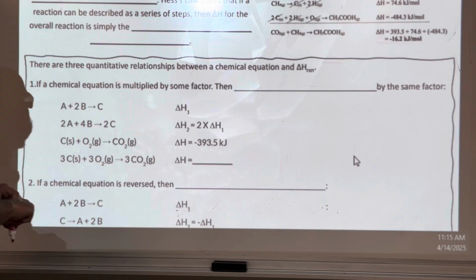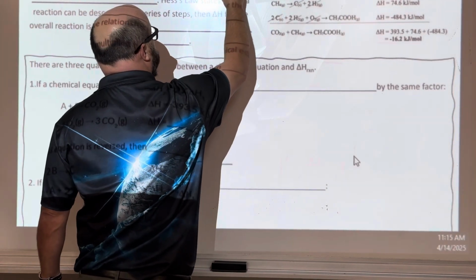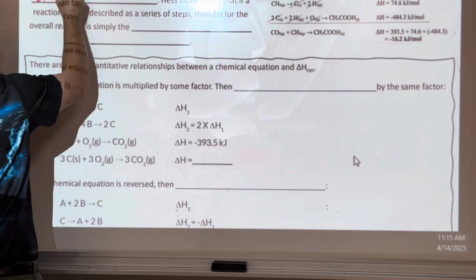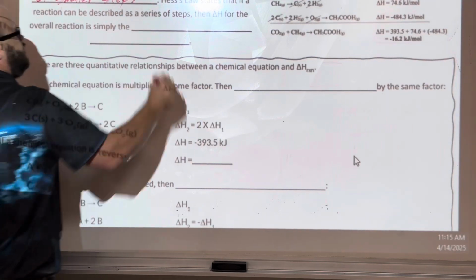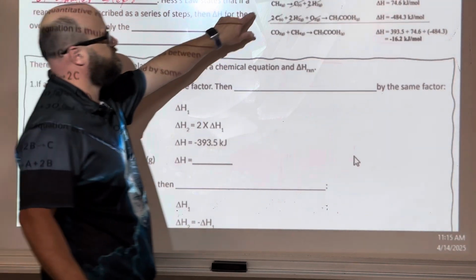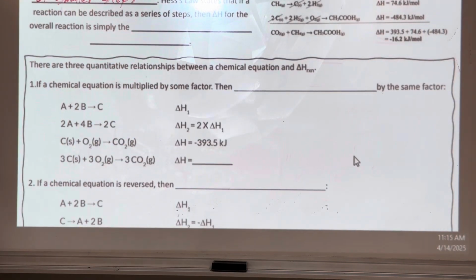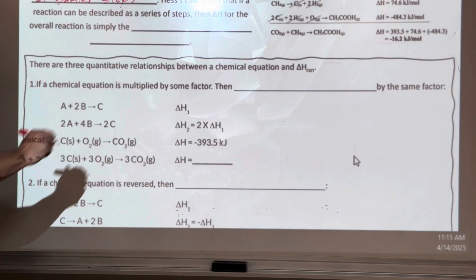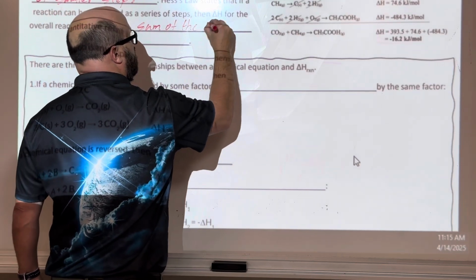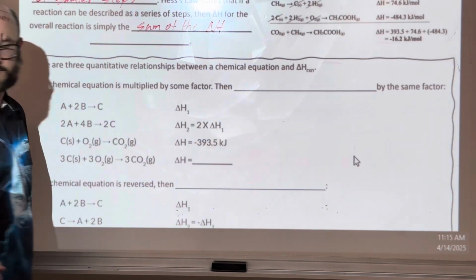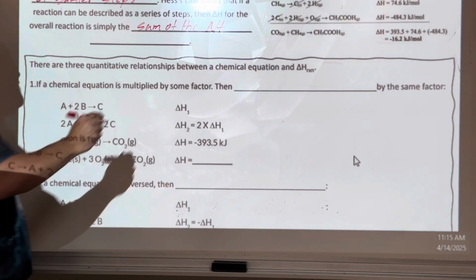Obviously, we can break these down into a series of smaller steps. We've shown this before. I think it's back in Unit 2, but we didn't get into delta H that much at that point. All we're going to do is simply add these up, or calculate it by the sum of the delta H values for all the steps.